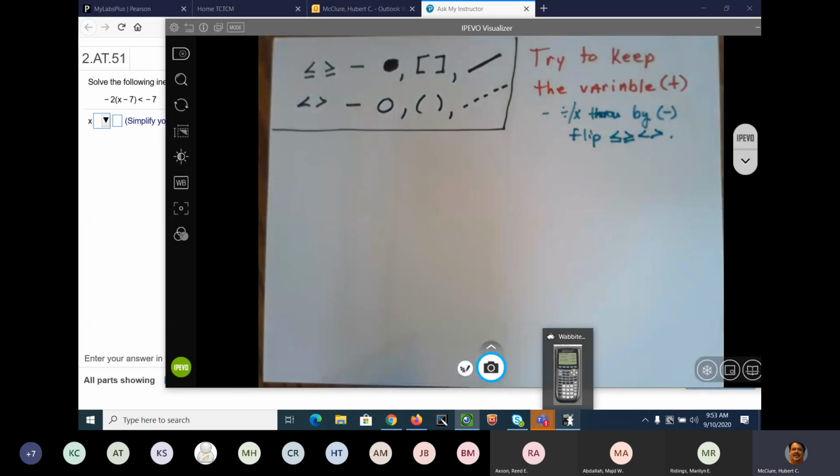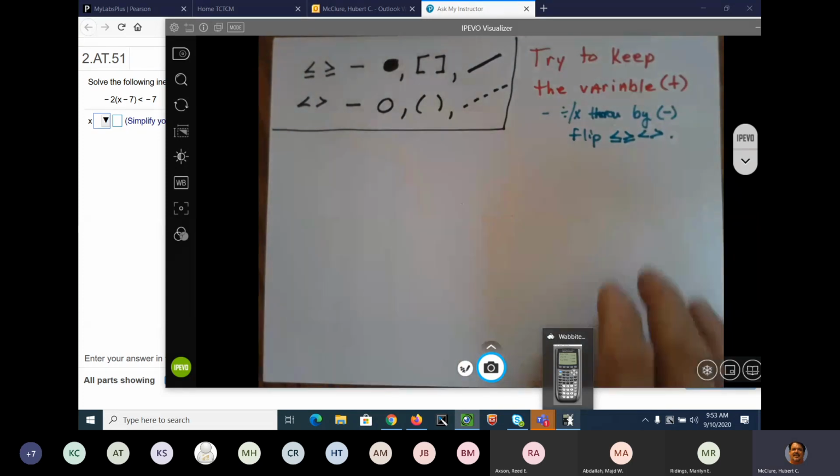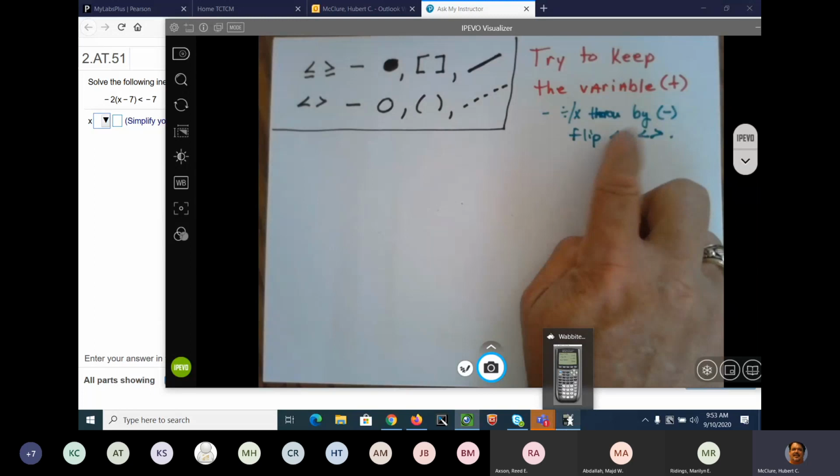That's why you forget to do that, and you only have to do that 1% of the time. So if you remember to keep the variable positive, you don't have to remember this unless you have to do it.